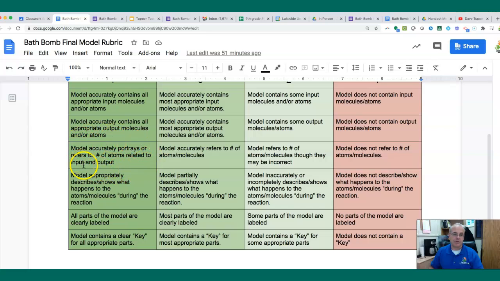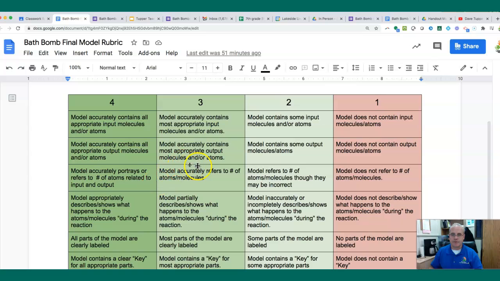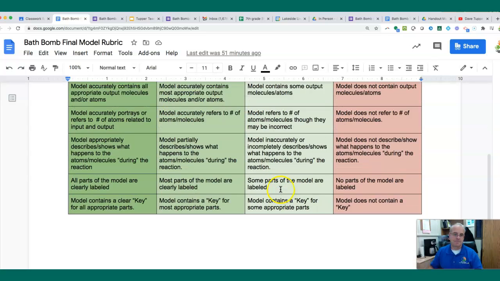Does your model refer to or demonstrate the number of atoms, something about that happening? Did you do the during part? And is it accurately described? And then did you label everything, and do you have a key? Of course your score goes down the less you have of those kinds of things.